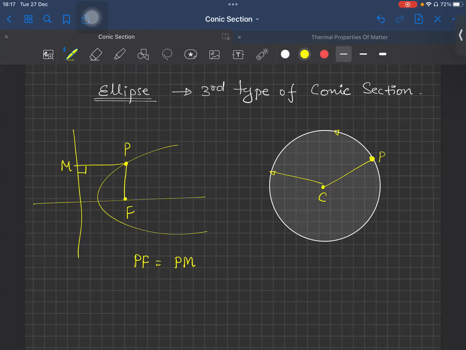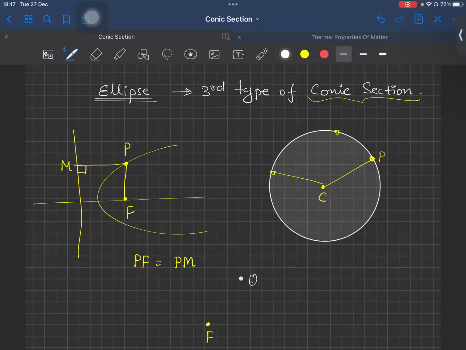I told you yesterday the definition of conic section. Focus is a fixed point, and there is a point Q somewhere in space.